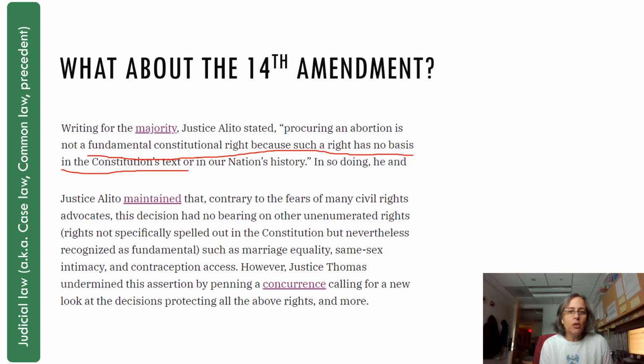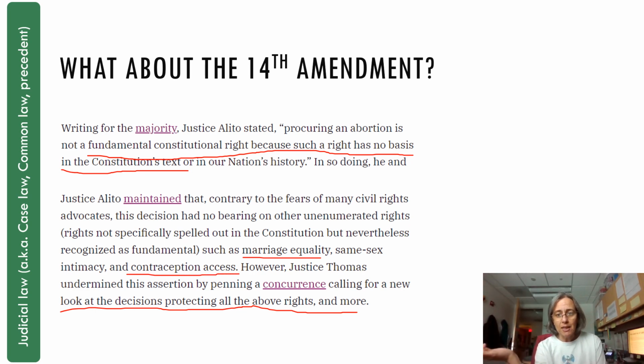And then he said, but don't worry, your other rights that are protected by the 14th Amendment are going to still be protected, which is interesting because Justice Clarence Thomas actually said, well, I disagree. He said, I think we should look at all the decisions protecting rights such as marriage equality, so same-sex marriage, same-sex intimacy, interracial marriage, and contraception access.